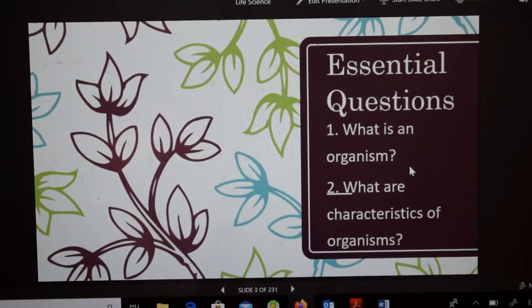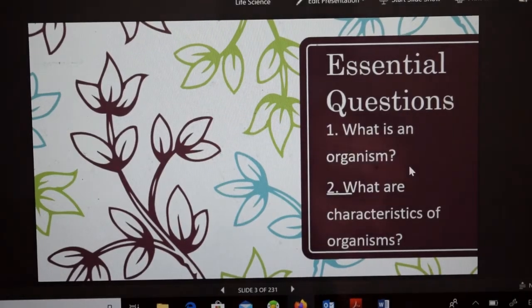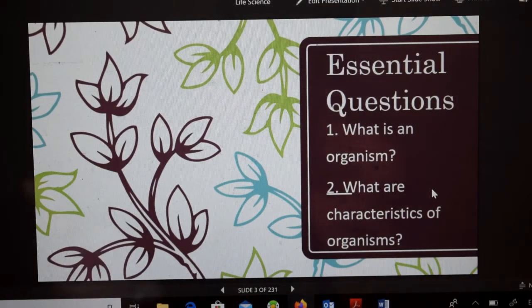An organism is any living thing, anything that's alive, which could be an individual animal, plant, or single-cell life form. And then we have what are the characteristics of organisms. So those are, they're made up of cells, they reproduce, have basic needs, they grow, and respond to changes.